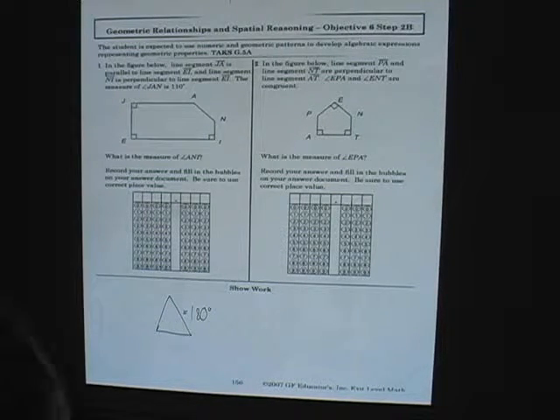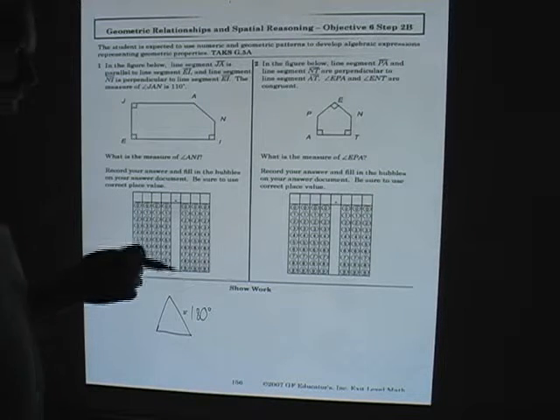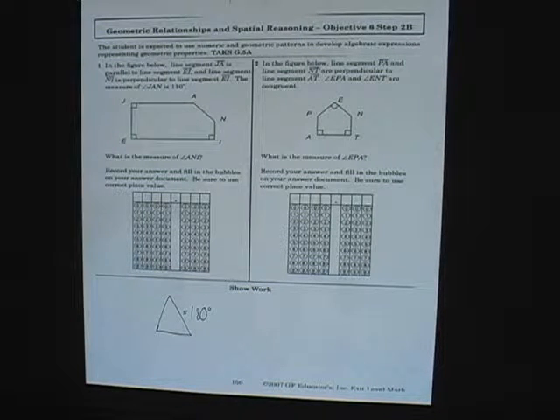And you really need to understand that. I mean, that's something you just need to memorize. A triangle, the sum of the angles equals 180 degrees. We're going to use that idea in this lesson quite a bit, so make sure you understand that.